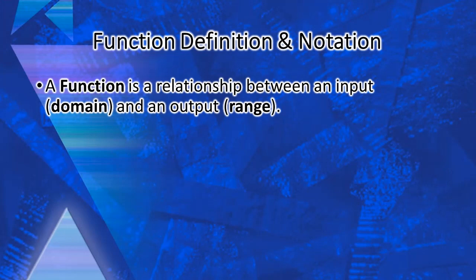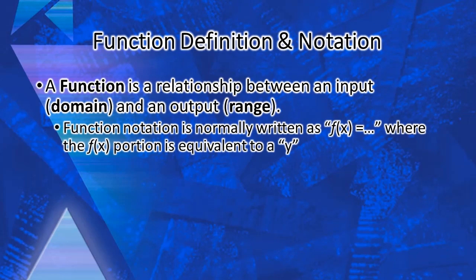A function is a relationship between an input value that we often call the domain and an output value known as the range. Functional notation is usually written in the form of f(x) is equal to some equation after that, where the f(x) portion could also be equal to simply what we call y.